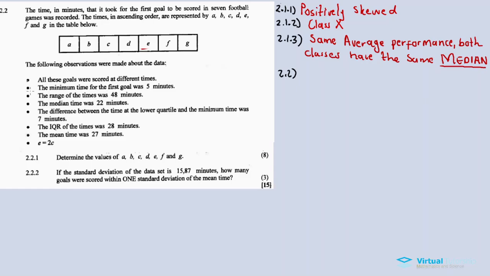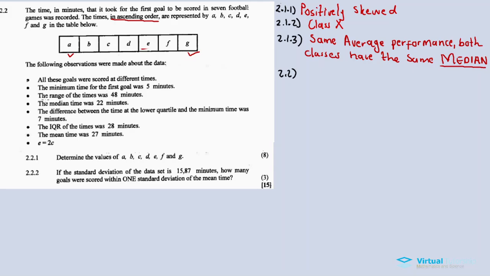The second bullet point: the minimum time for the first goal was 5 minutes. A is our minimum value, since this is arranged in ascending order. That makes G our maximum value, and the term in the middle is the median.